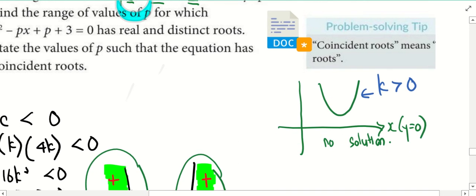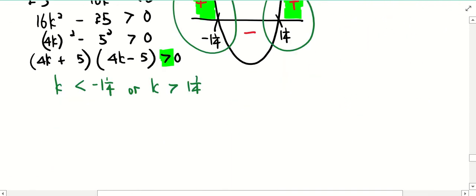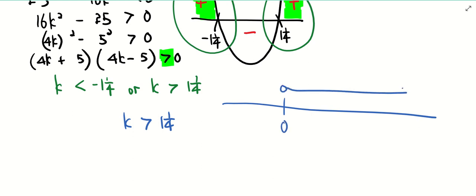Correct? It must fulfill k positive. It cannot have k less than negative 1/4. So the eventual answer will just be k is greater than 1 1/4 because this is more stringent. If you don't believe, I draw my number line. K must be positive, so greater than 0.